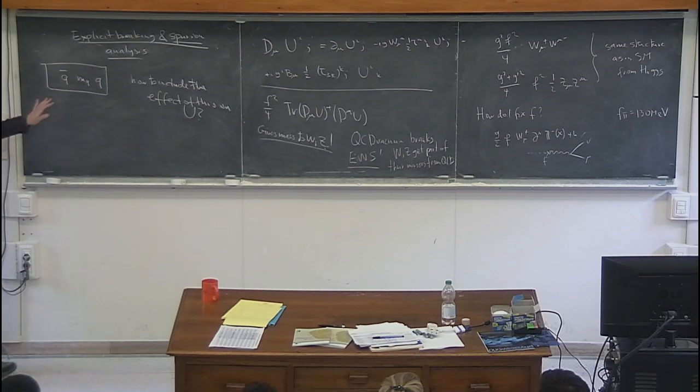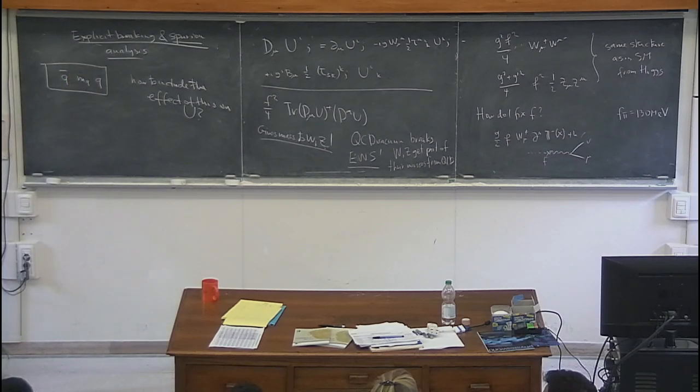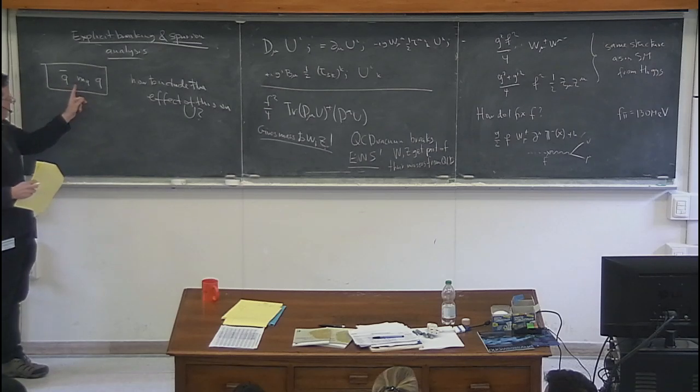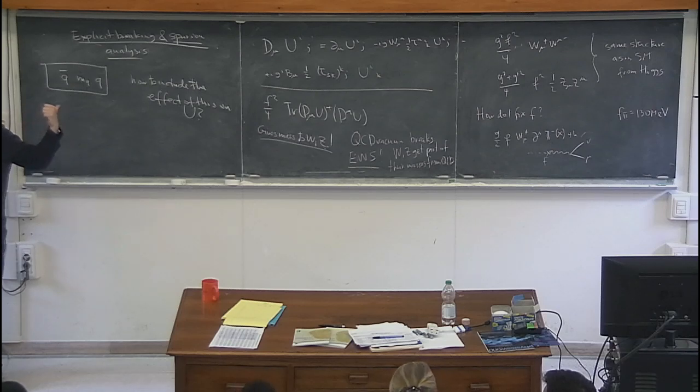It's truly not symmetric under the SU3 left cross SU3 right global symmetries, and the reason is this explicit mass term. So the idea of the spurion analysis is to ask, what would it take to make this term actually symmetric under the full global symmetries?